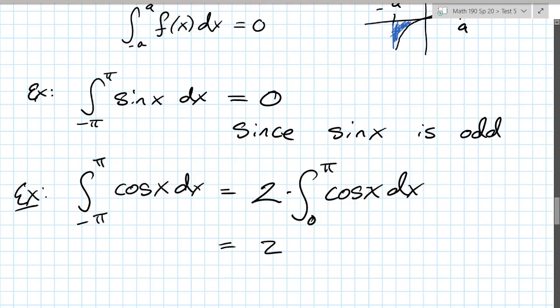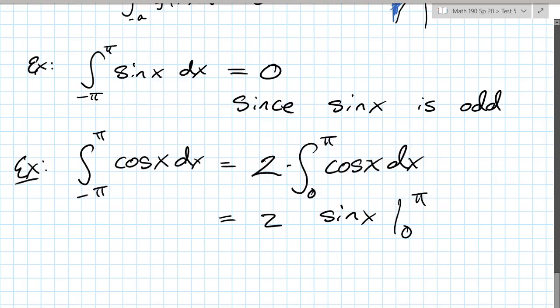The integral of cosine x is sine x, and then sine at pi, cosine, sine at 0, cosine at 0. It looks like we get 2 times 0.